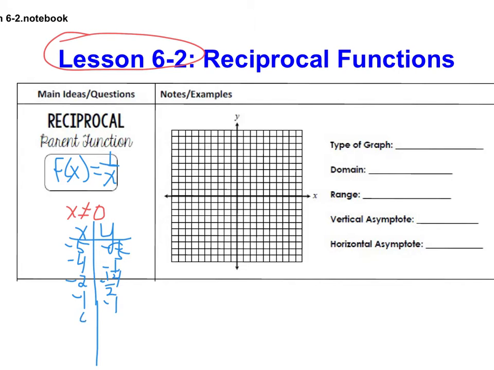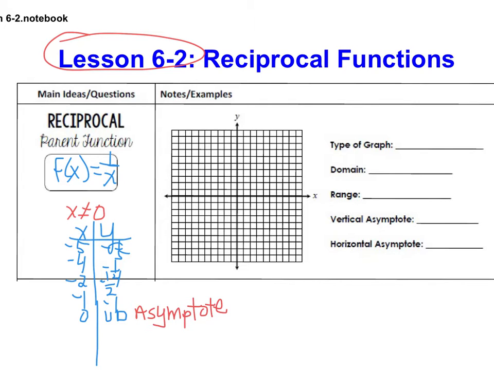If I substitute in 0, remember 0 is undefined. You cannot have 0 in the denominator of a fraction, and so that's undefined. This is where our asymptote is going to appear.